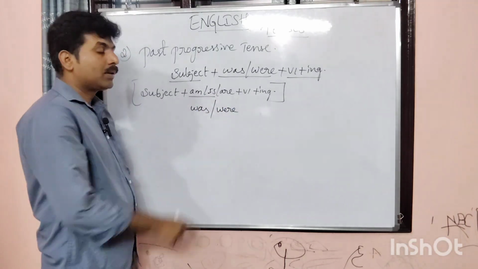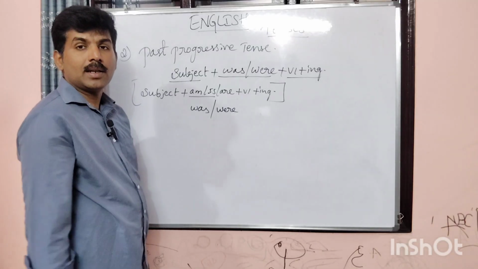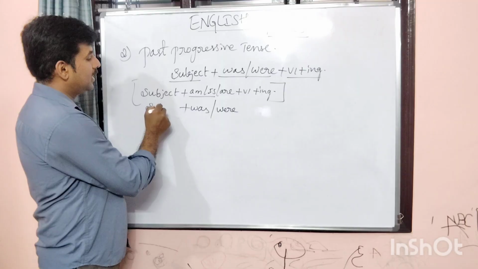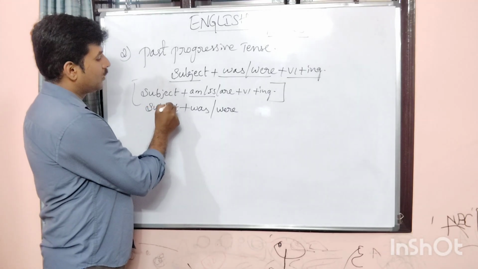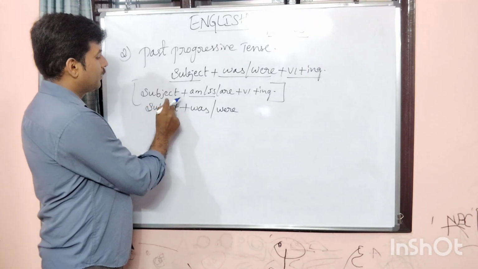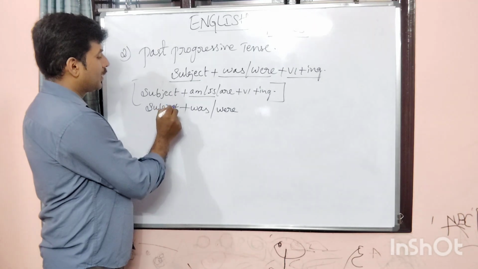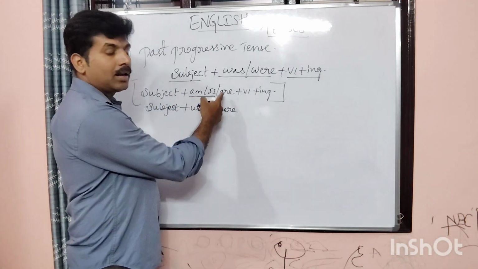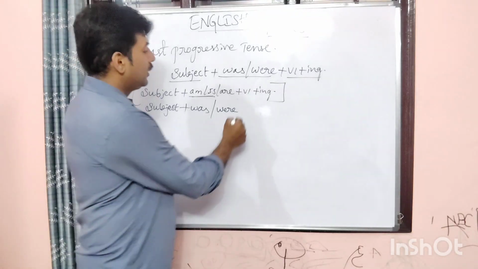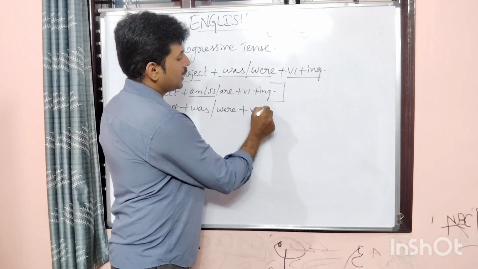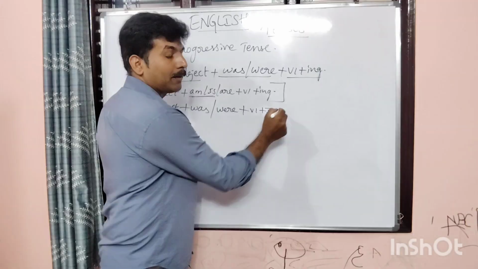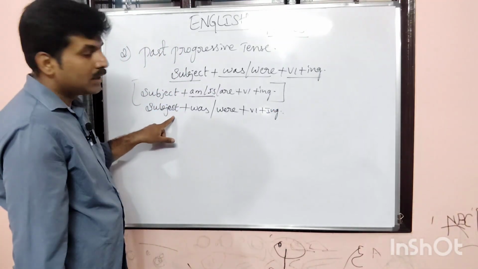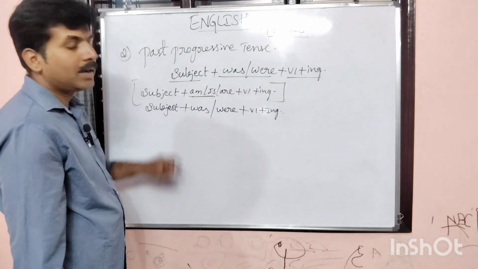Okay, I'm giving here so many examples in this formula. For example, the subject stays the same. There is no change. Then was for am and is, and are changed into were. The verb one plus ing form stays the same. Okay. This is the present progressive tense form. Then this is the past progressive tense form.